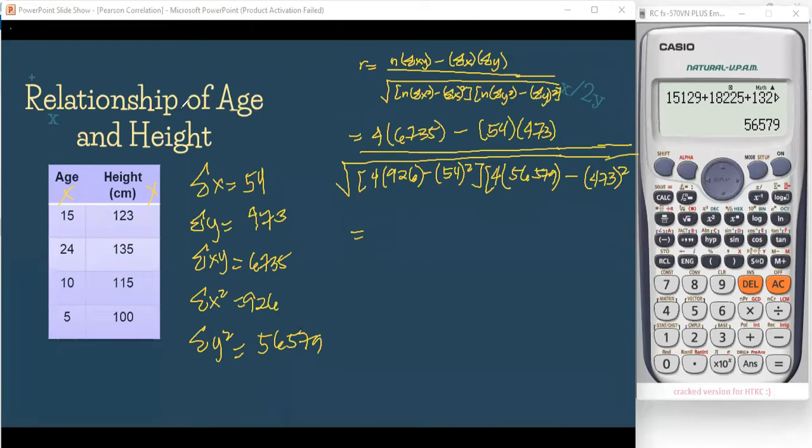Now, let's compute. Yun po muna ang isasolve natin, yung mga multiply. So, we have here 4 times 6,735. That is 26,940. Minus 54 times 473. That is 25,542.